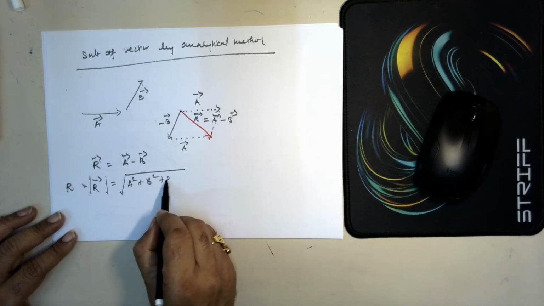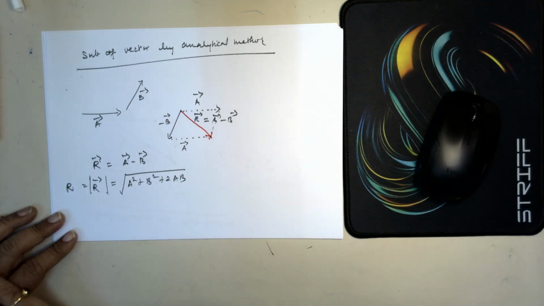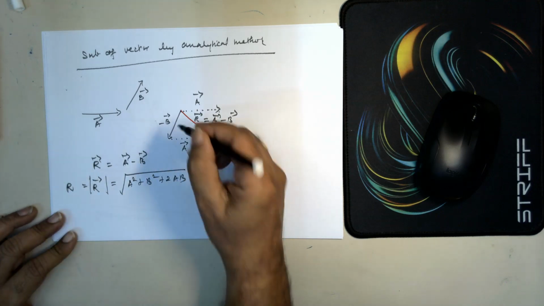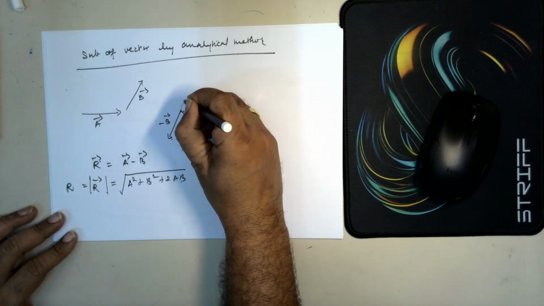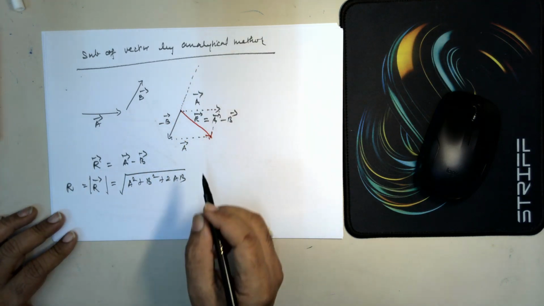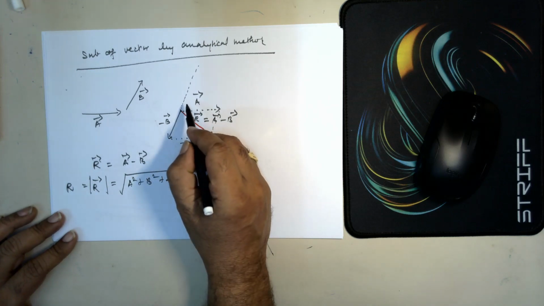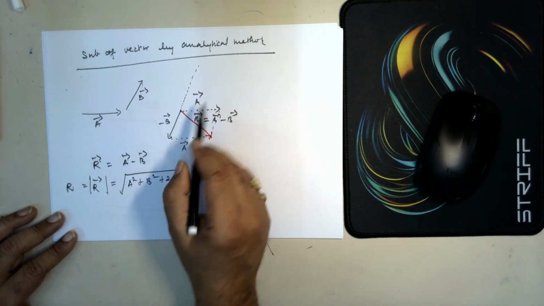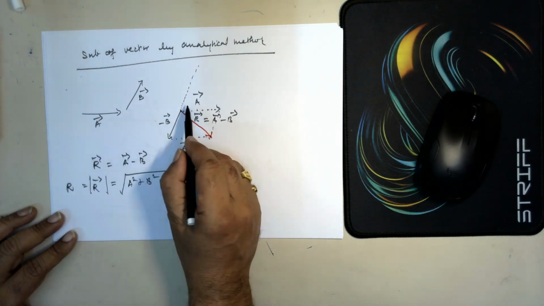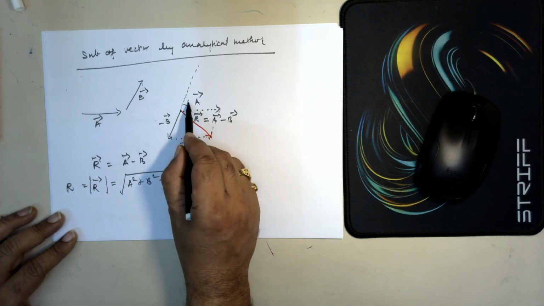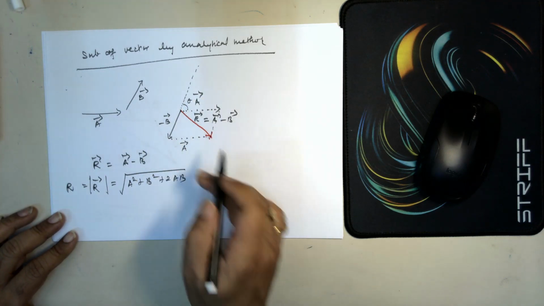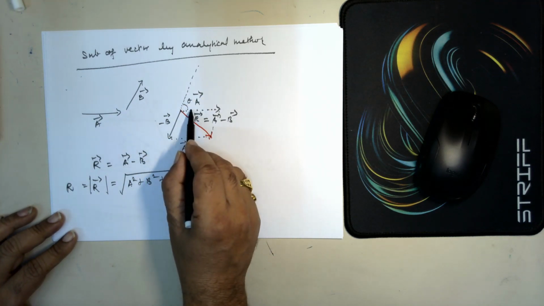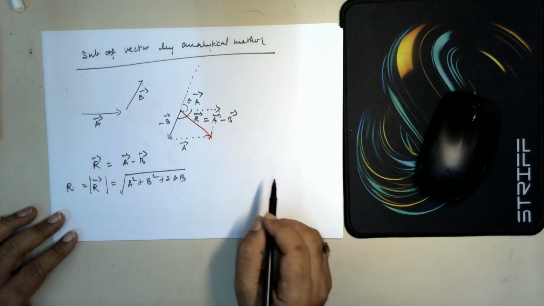And 2AB. Now in this case, what is theta? The theta is, you have to do like this. This is the angle between the two vectors, theta. Okay. So if it is theta, then we have to consider this angle.